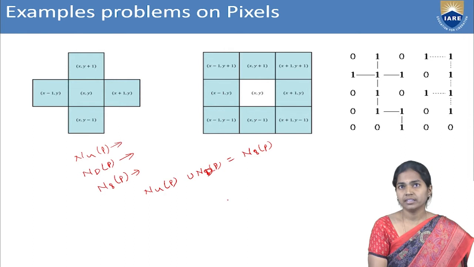In this case, how do we get the relation between n4 of p, nd of p and n8 of p? Consider plus and minus in the x and y coordinates.